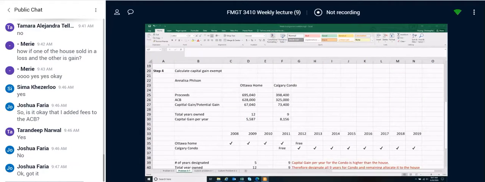And here's a key question, and this is something no one raised. I was waiting for someone to say something, but no one said anything. Are you sure the cost is 628? Remember, Annalisa paid how much for this Ottawa home?